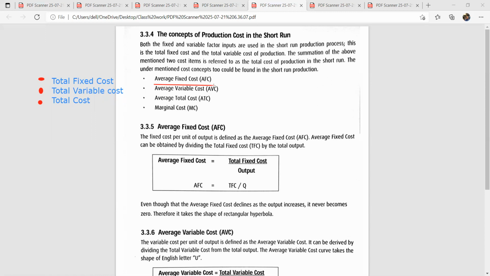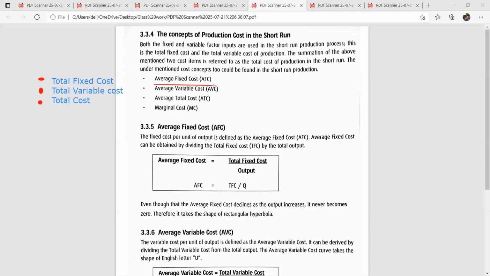The fixed cost per unit of output is defined as the average fixed cost. It can be obtained by dividing the total fixed cost, what I mentioned as the first point, by the quantity that the firm produced.